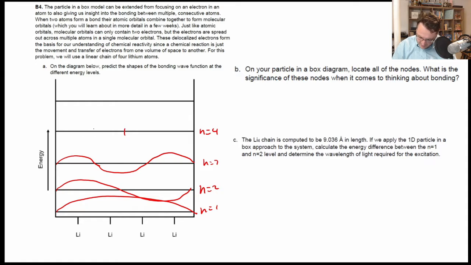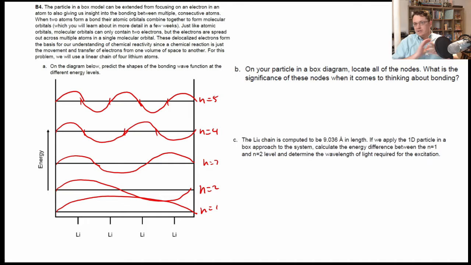But you then have that for n equals 4, n equals 5, what is it, 20%, 40%, 60%, 80%. It would look like that. Same thing as we would do with a standard particle in a box problem, just simply drawing all of those.